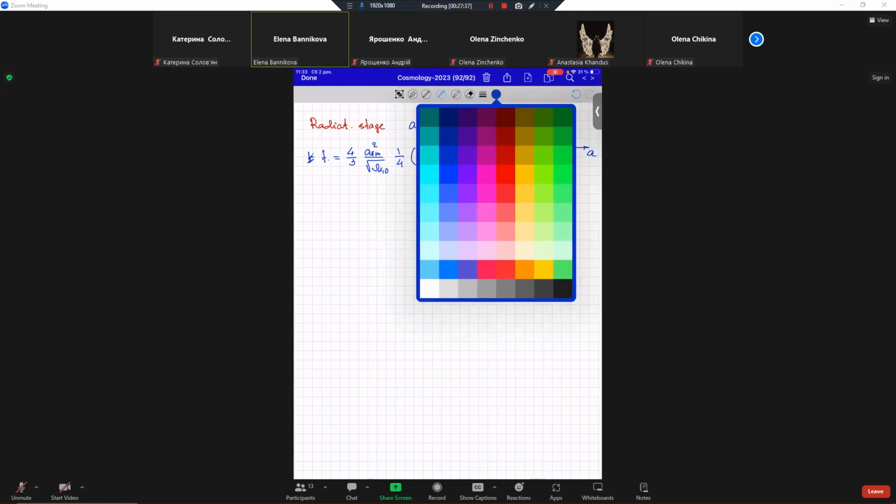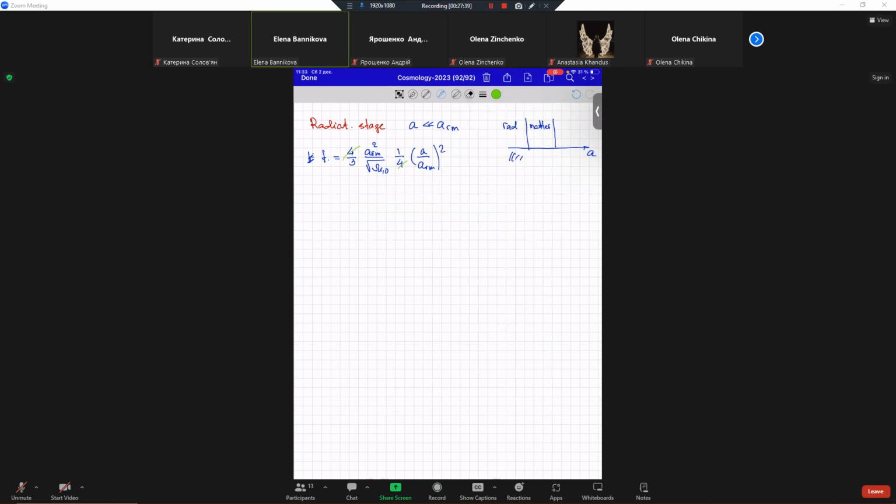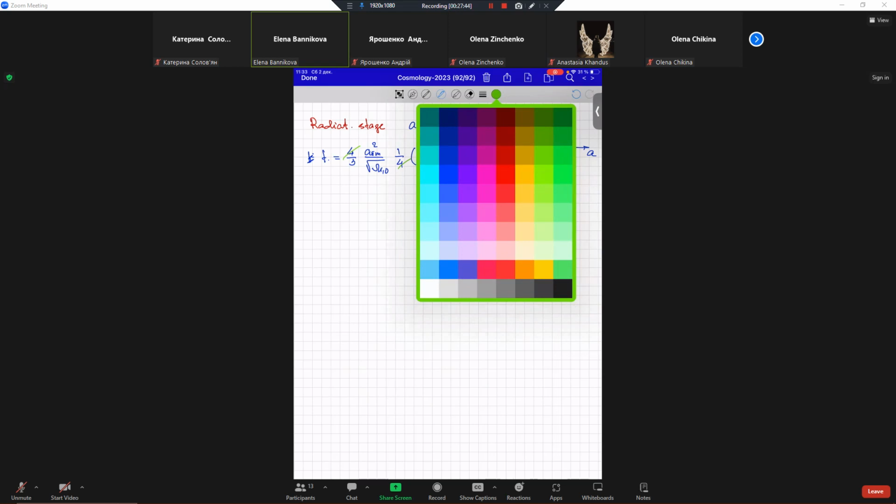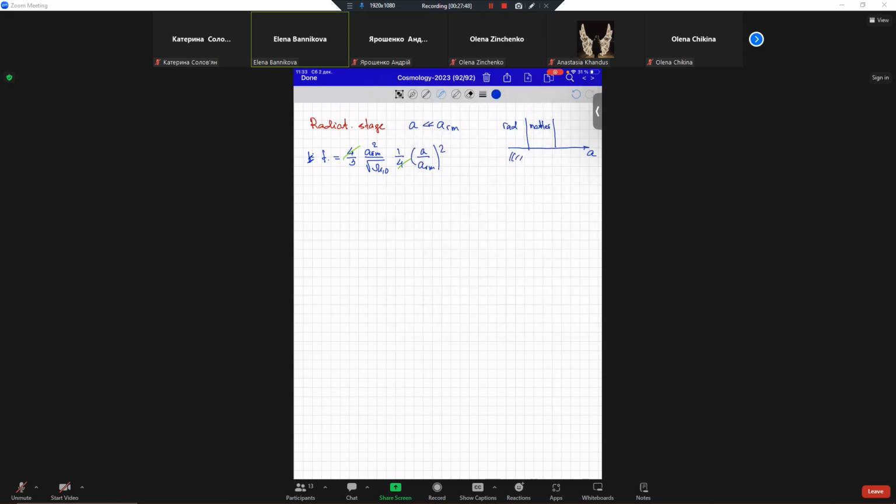So in this case the 4 and 4 disappear, and we can obtain the time corresponding to the chosen scale factor.